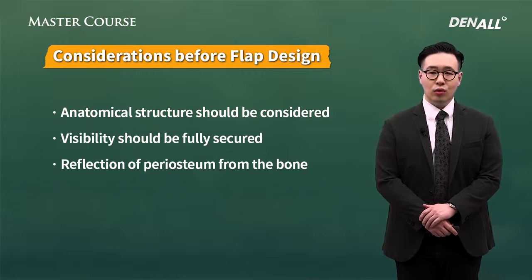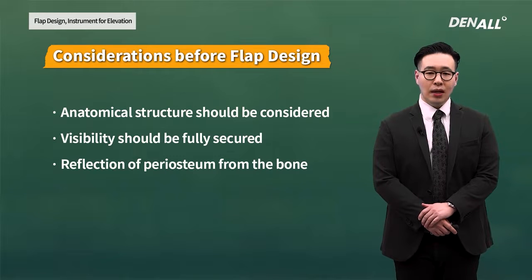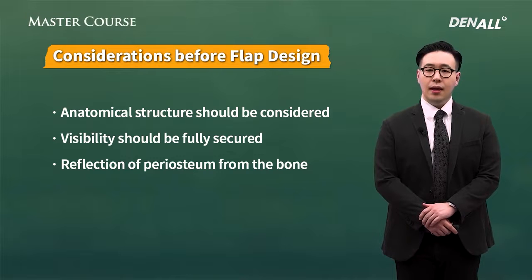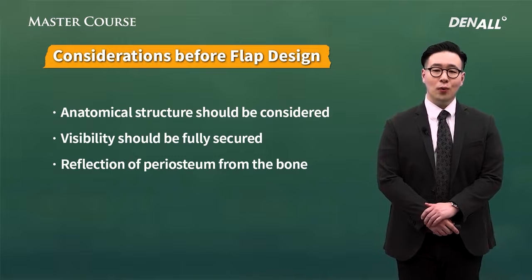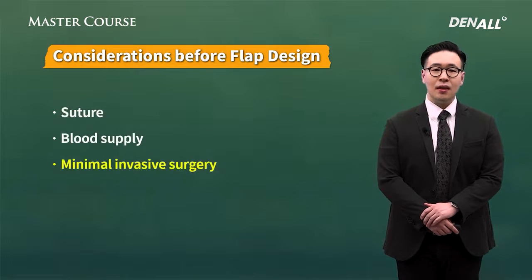When the extraction socket is not fully healed or upper anterior, if the muscle fiber is attached to the bone surface across the membrane, you need to minimize damage to periosteum and open full thickness flap. If bone graft is planned, exposure of clean bone surface is essential.